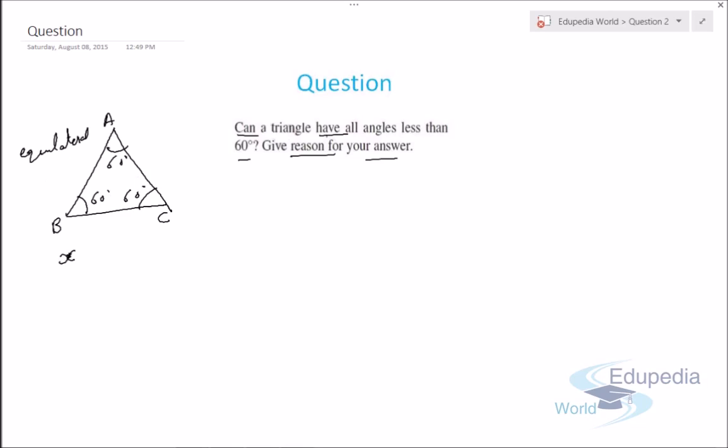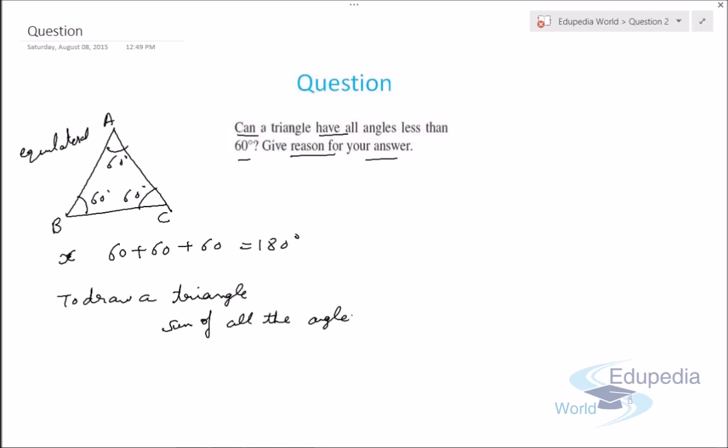Then the question is, can we have a triangle with angles less than 60 degree? Now if all the angles are 60 degree, then their sum is coming out to be 180 degree. And as we know that to draw a triangle, the sum of all the angles should be 180 degree, right?